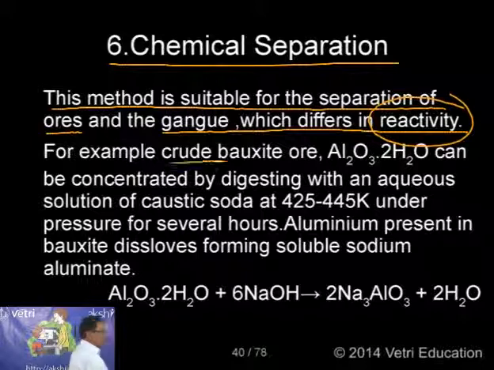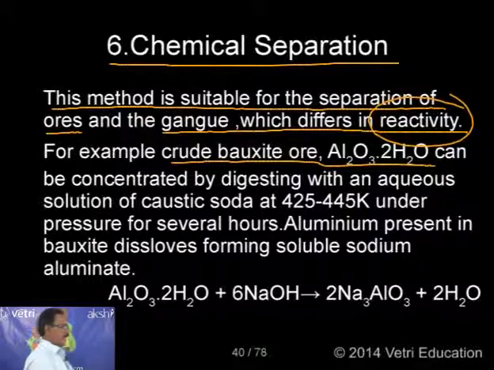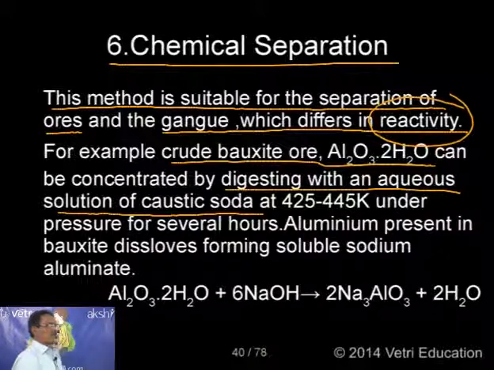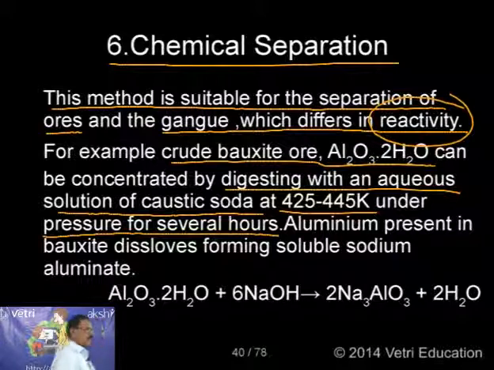For example, crude bauxite ore, Al2O3.2H2O, can be concentrated by digesting with an aqueous solution of caustic soda, nothing but sodium hydroxide, at a temperature of 425 to 445 Kelvin under pressure for several hours. So you take Al2O3.2H2O and heat strongly with sodium hydroxide at 425 to 445 Kelvin for several hours.